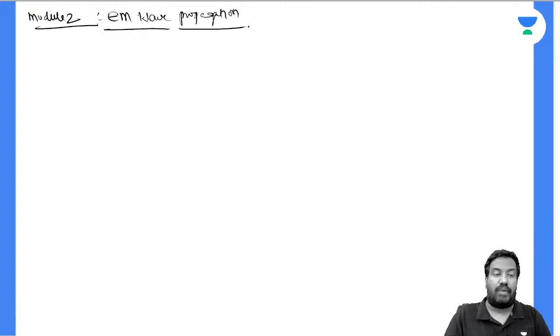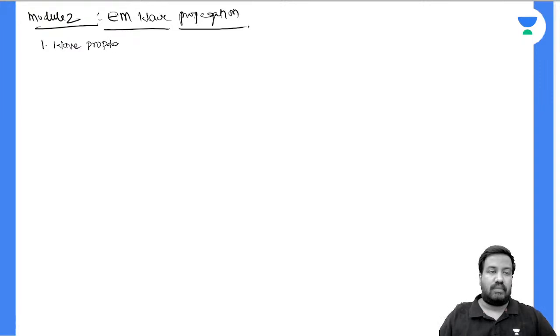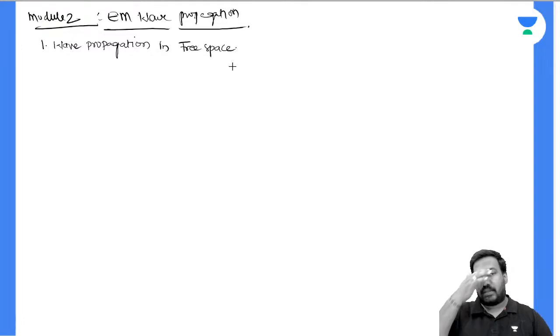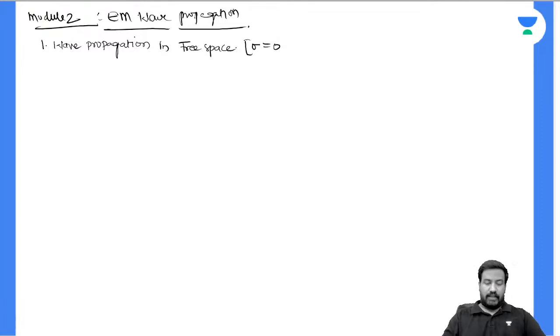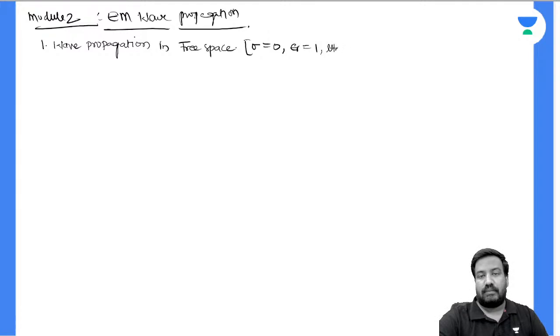So this is the current module, module 2, EM wave propagation. We'll see what we have discussed under EM wave propagation. In free space, sigma is 0, epsilon r is 1, mu r is 1.